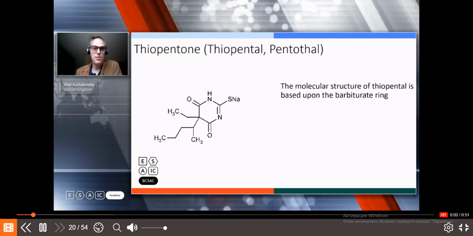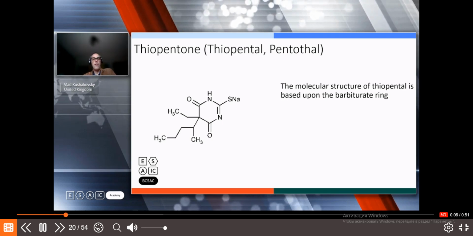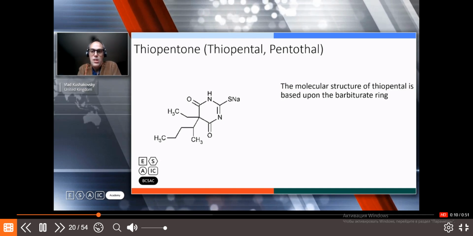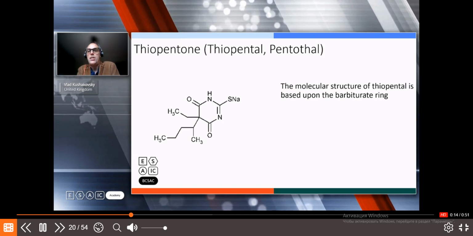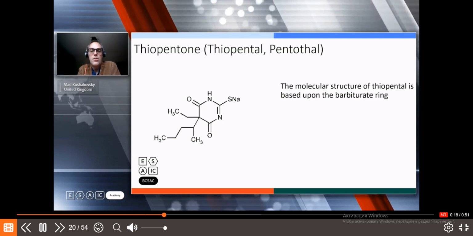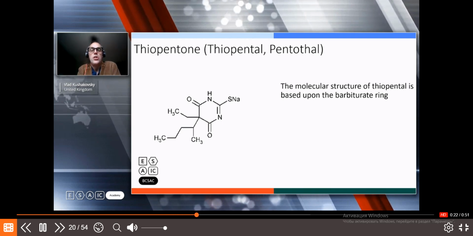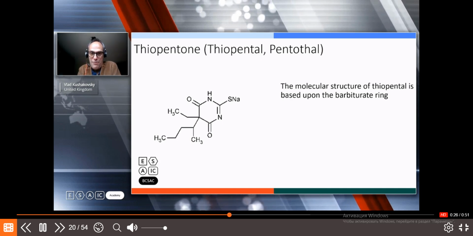And we'll start with thiopentone, also known as thiopental or Pentothal, which, certainly here in the UK, is disappearing quite rapidly, and younger generations of trainees are not hugely familiar with this drug, certainly not from the clinical perspective.